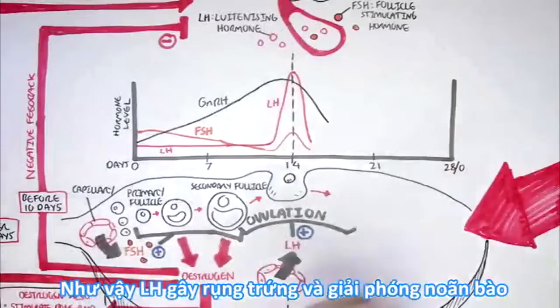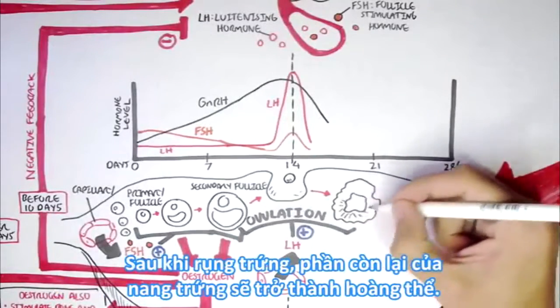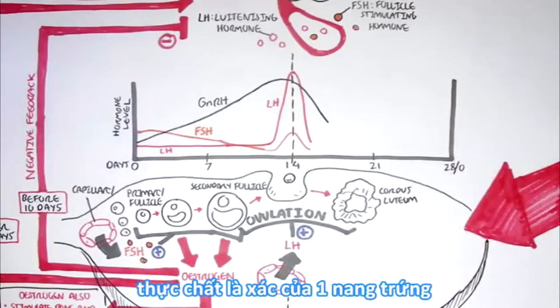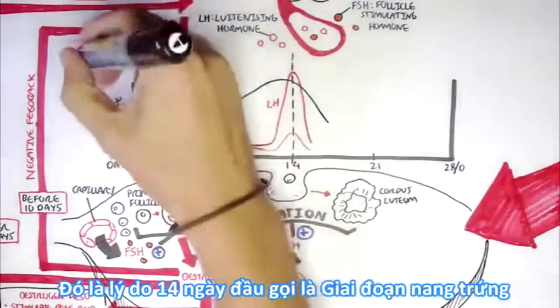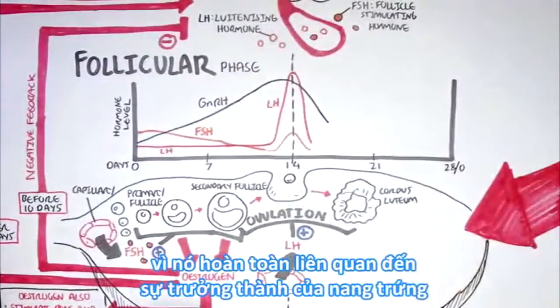An oocyte is released. After the follicle ovulates, the follicle will turn into a corpus luteum, which is basically a dead follicle. That is why the first 14 days of the menstrual cycle is called the follicular phase, because it all has to do with the follicles and their maturation.